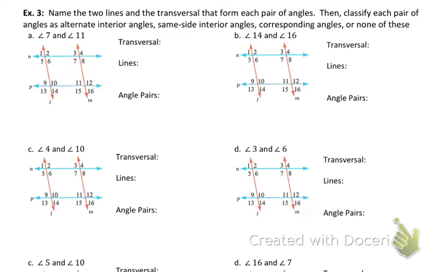This says you're supposed to name the 2 lines and the transversal. Well, that's a little bit of a step up. So we have to name 2 lines and the transversal that form each pair of specific angles. Then classify each pair as alternate interior, same side interior, corresponding, or none of these. We're going to go 3 together, and then I'm going to let you try 3 on your own.